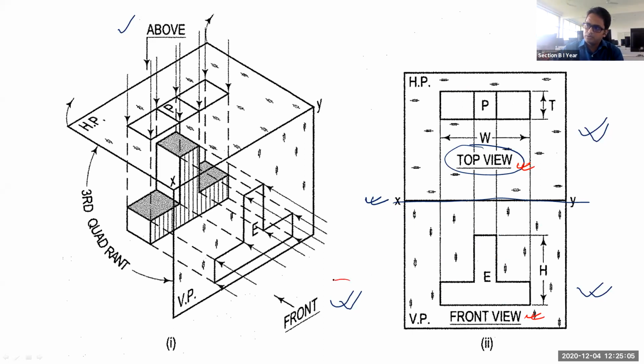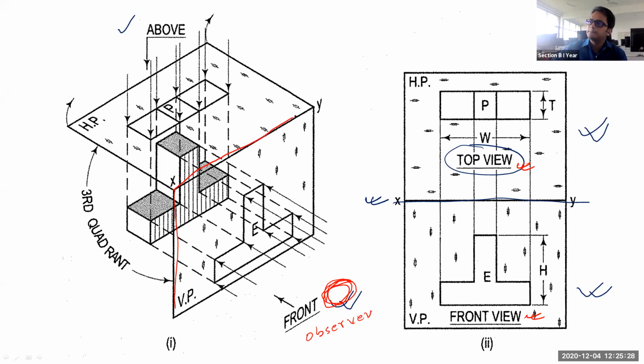If the observer is looking from this side, observer is here. Then your plane of projection is coming.